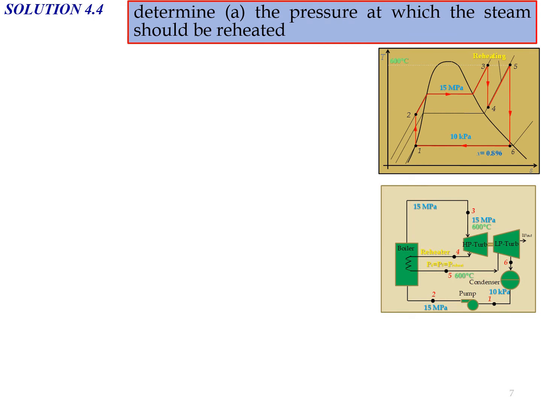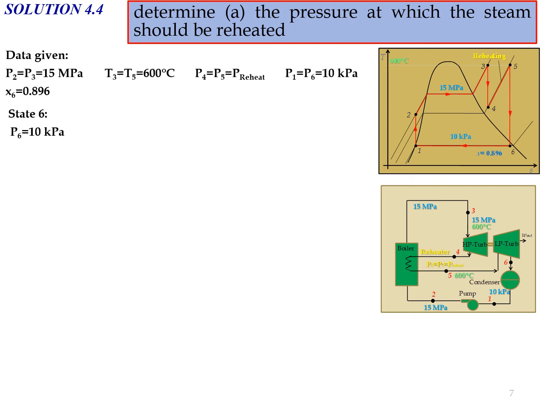Determine the pressure at which the steam should be reheated. First we list down all the information given in the question. From the state 6 condition, where the pressure is 10 kPa and the quality at state 6 is 0.896, we know that this is a saturated mixture.